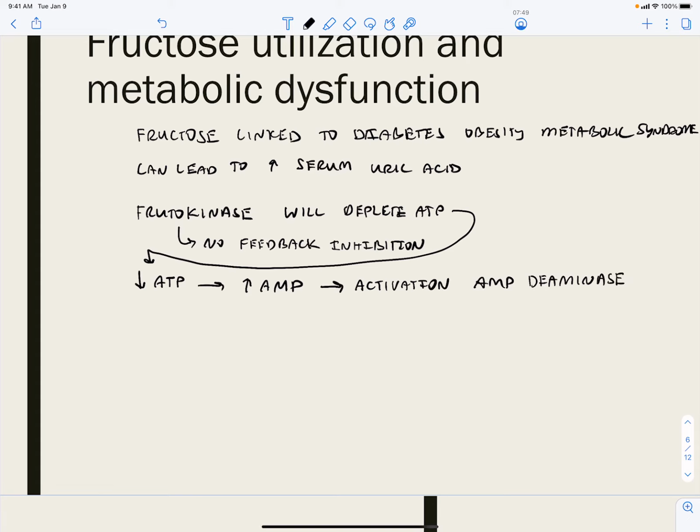Now, AMP deaminase is going to degrade AMP into uric acid.